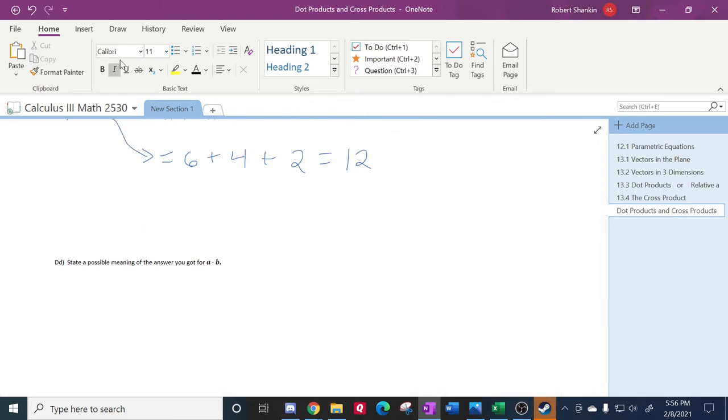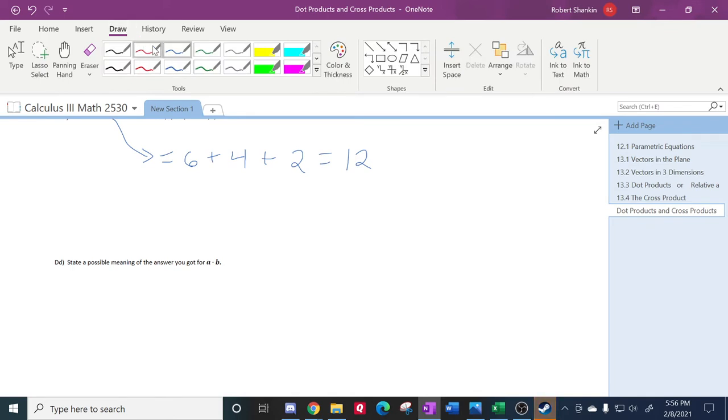I didn't quite have time to type it in, but I think the dot product can be thought of as the length of one vector times the length of the projection of the other vector on that first vector.